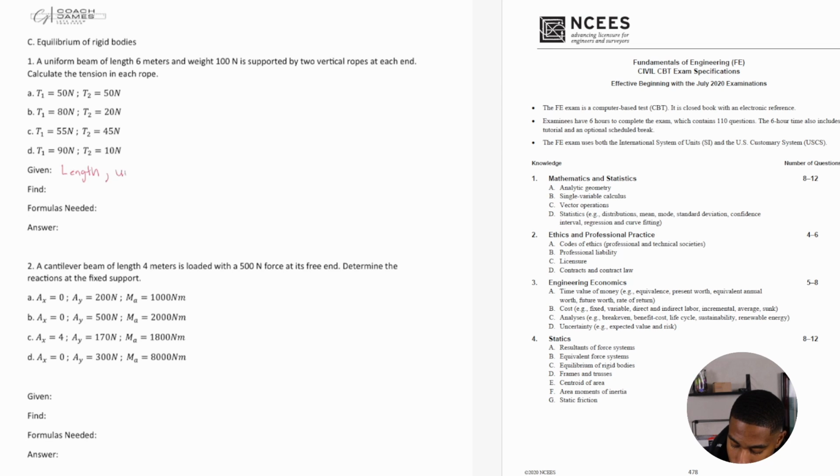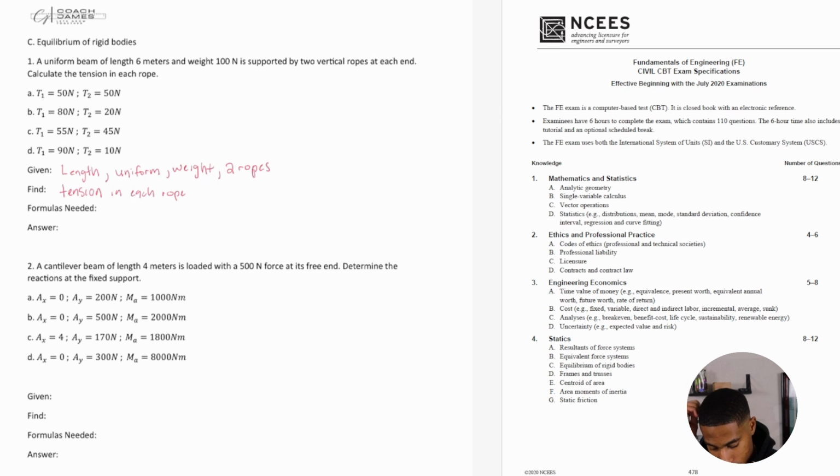We know that it's uniform, which means it's balanced on both sides, symmetrical. We know the weight of the beam, and we know that there's 2 ropes, both of which are going to be interesting to us because we want to calculate the tension in each of those ropes. So what we're trying to find is the tension in each rope.